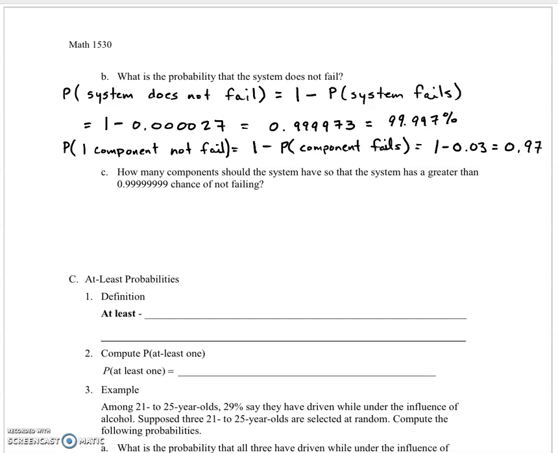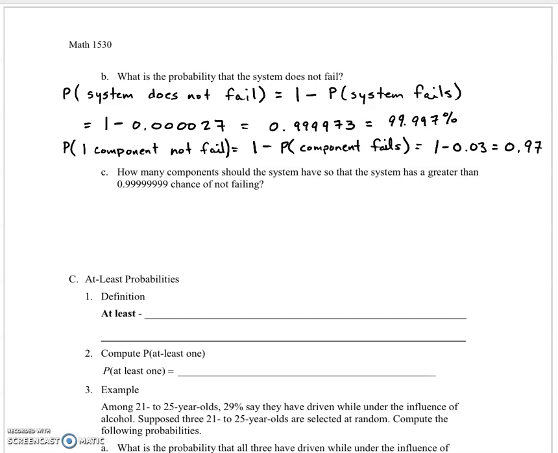So how many components should the system have so that it has a greater than 0.9999999 chance of not failing? Well, if we go back to 1 minus the probability that the system fails, that's what we need.